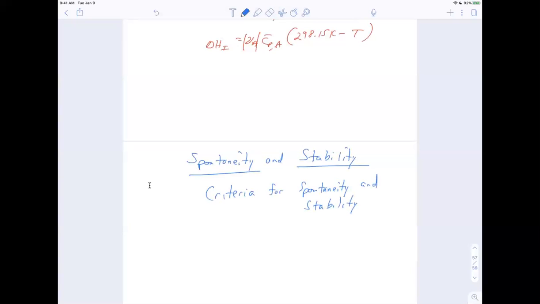We already saw one criterion for spontaneity or irreversibility, and that was that delta S in an isolated system is greater than 0. So that's what we're after here. For an isolated system with a spontaneous process, delta S is our guiding criterion: dS, or delta S, would be greater than 0.